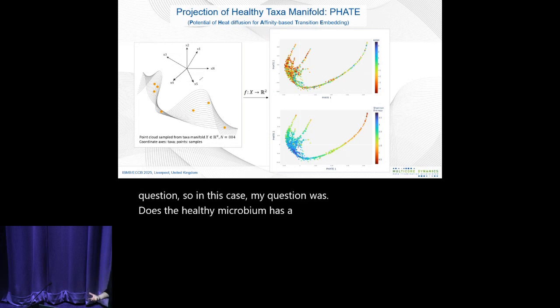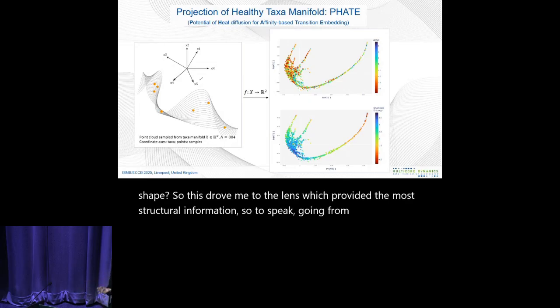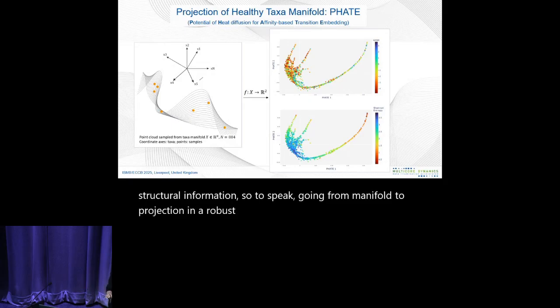Does it have a shape? So this brought me to the lens which provided the most structural information, so to speak, going from manifold to projection in a robust, mathematically very robust way. So this was the reasoning behind it.